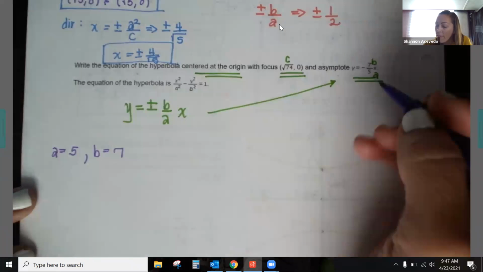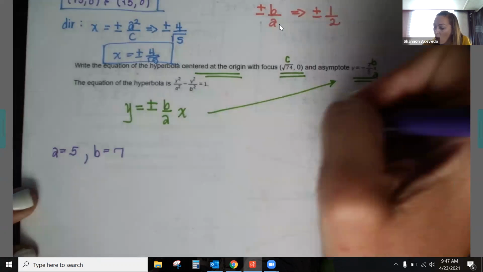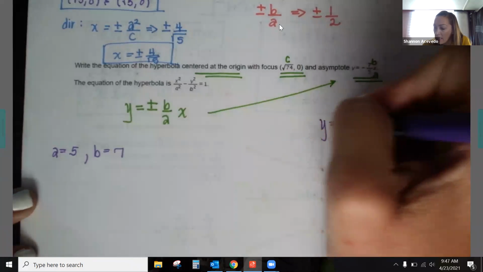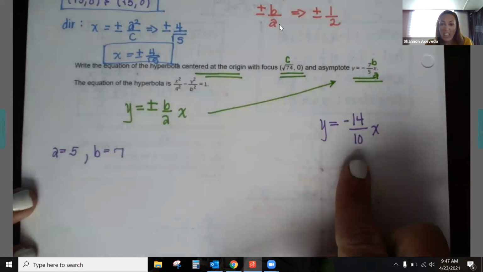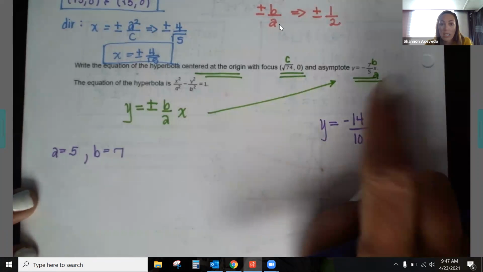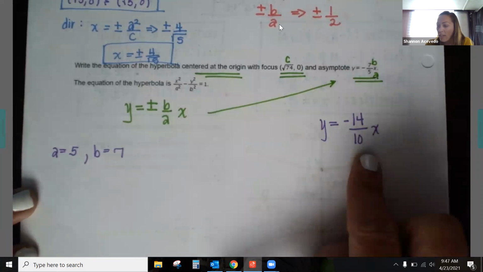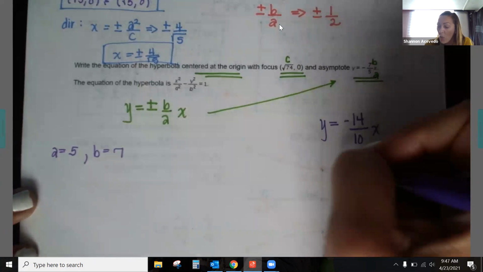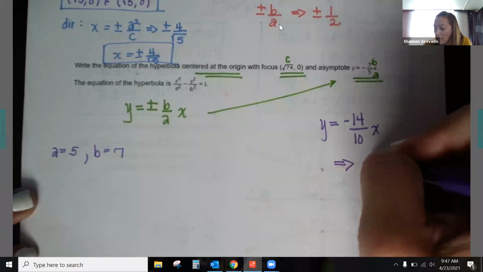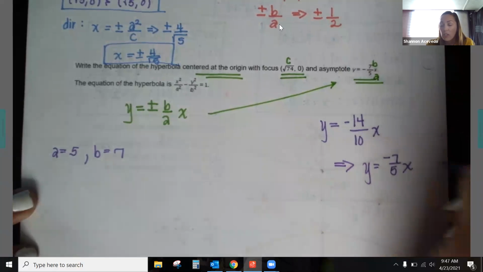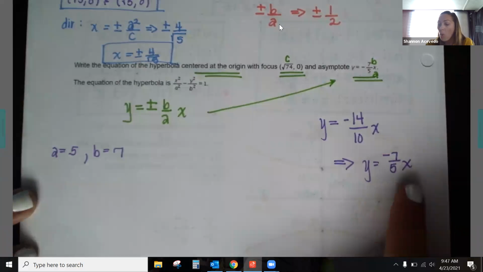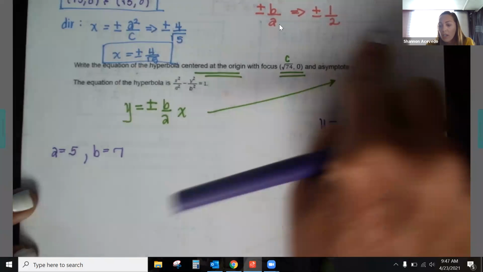Because what if I had y is equal to negative 14 tenths x? Would I leave it like that? What if my b was 14 and my a was 10? Would I leave my answer like this? No, we would simplify it to y is equal to negative 7/5 x, right? These are equivalent, but this is always going to be the simplified version.